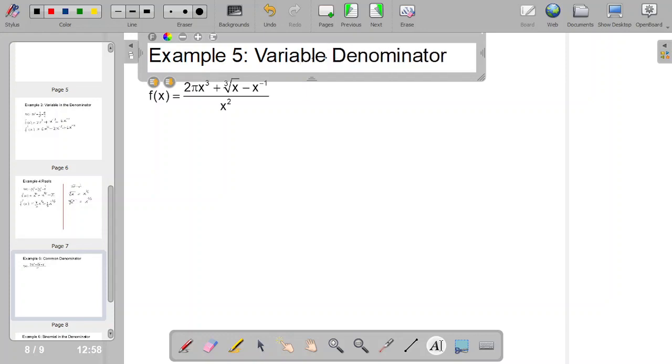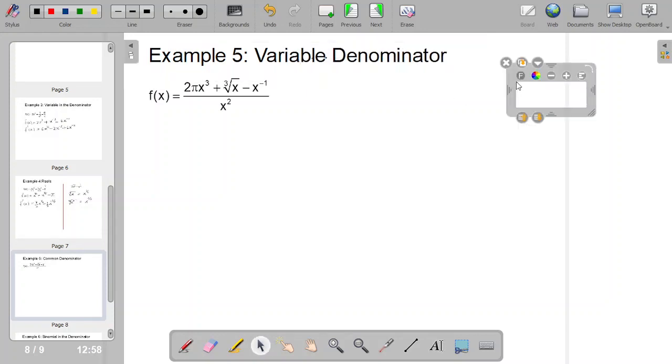So how do we deal with that? Well, it's pretty straightforward. Firstly, you have f of x equals to, so this x is a common denominator, which means you must spread it back to each term.